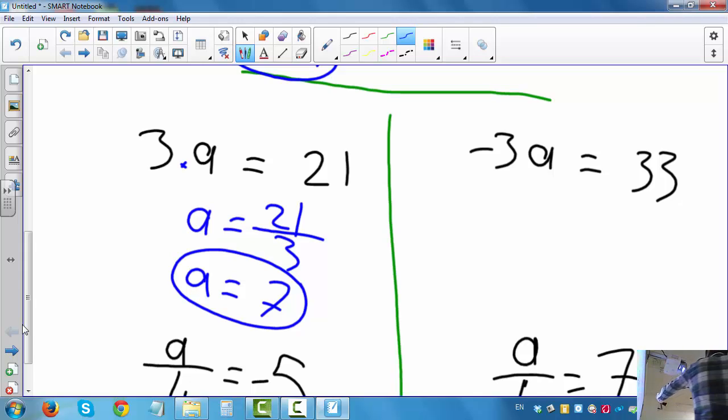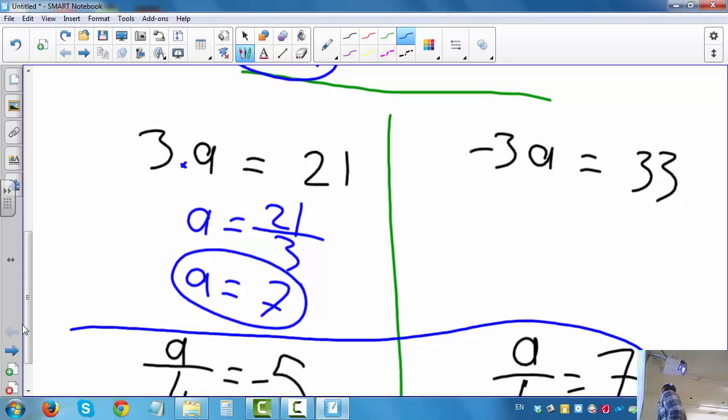Now the same mentality. Absolutely the same mentality. A will stay, 33 divided by not the 3. What is next to the letter A is minus 3.